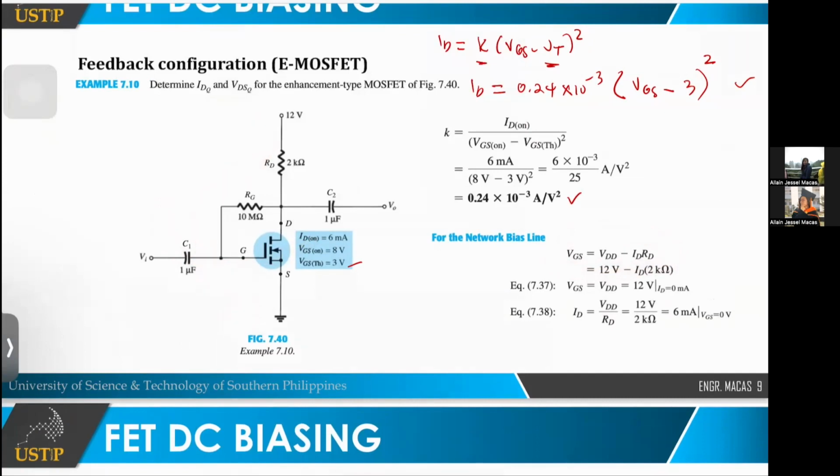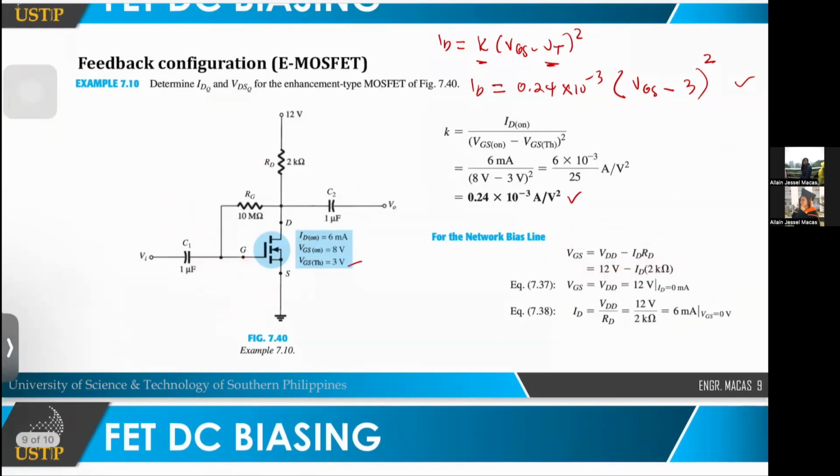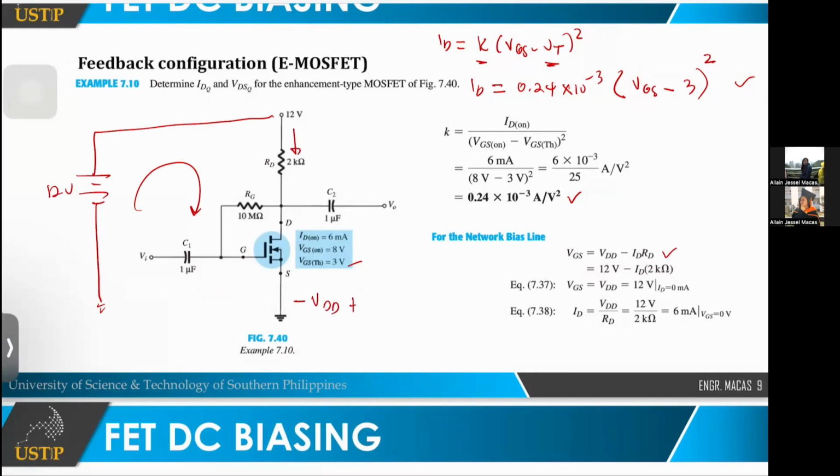Okay? If mag KVL ka dira, you get so kung ato ning extend diri class para di mo malibog, that is 12 volts. Okay? So that is negative VDD plus naman kay ID dira no, ID.